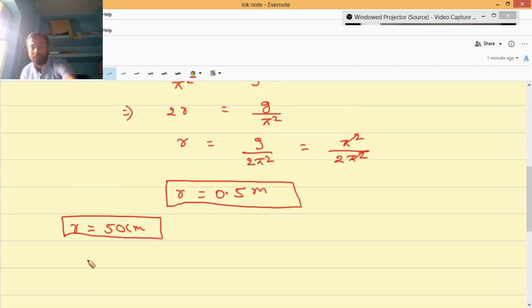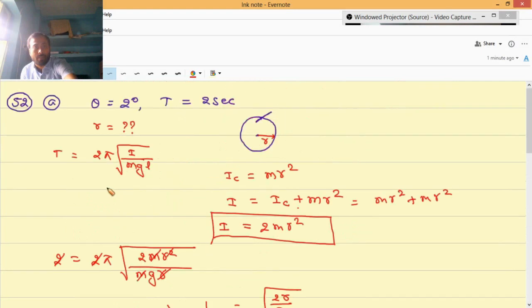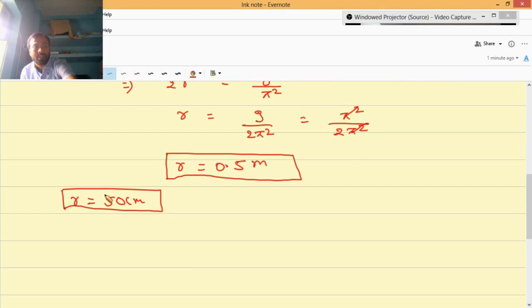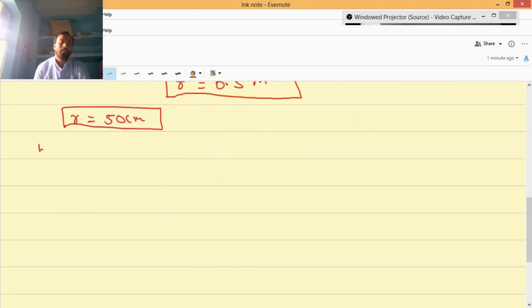In this way we completed part A. Now we can proceed to part B, where the speed of the particle farthest away from the point of suspension as it goes through its mean position is asked.